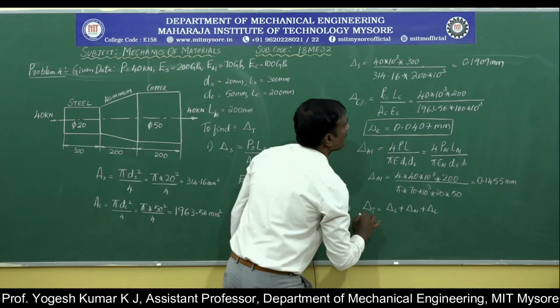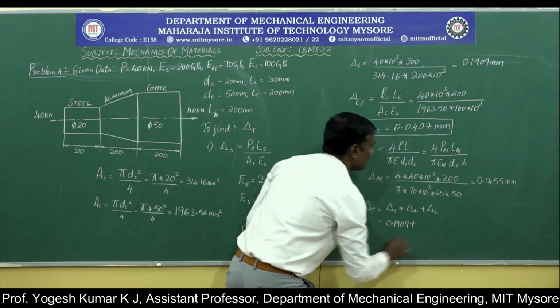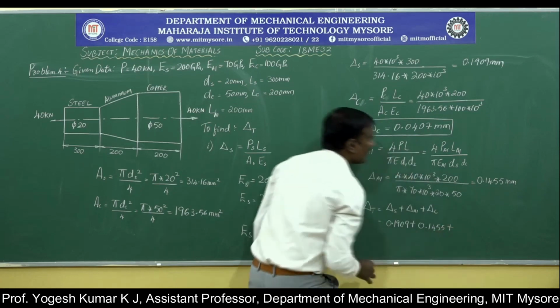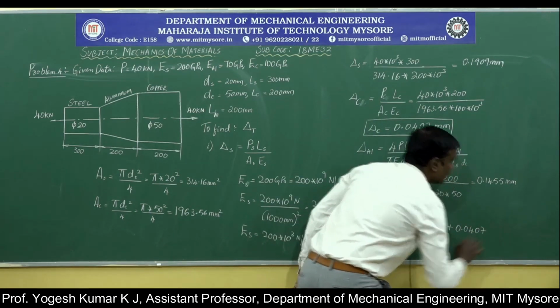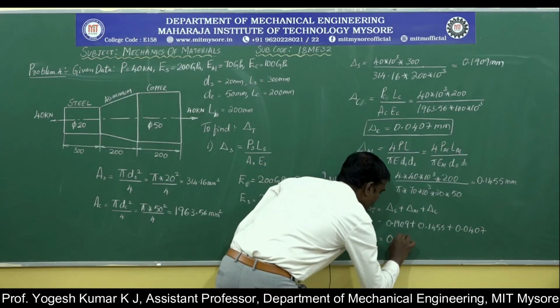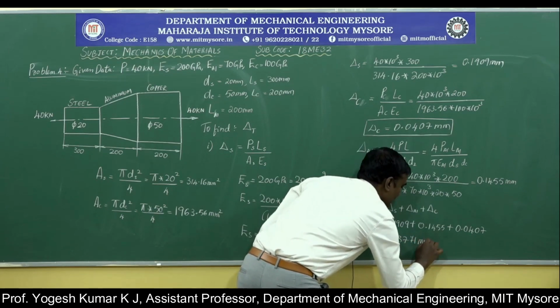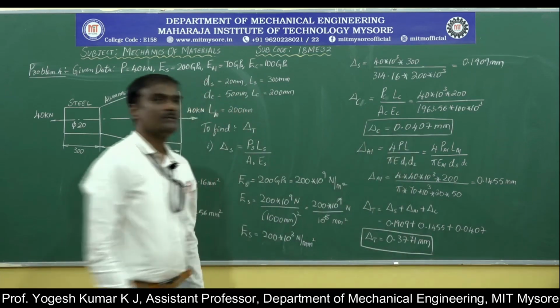So the elongation of steel is 0.1909, elongation of aluminium is 0.1455, plus elongation of copper 0.0407. So the total elongation we get is 0.3771 millimeters.